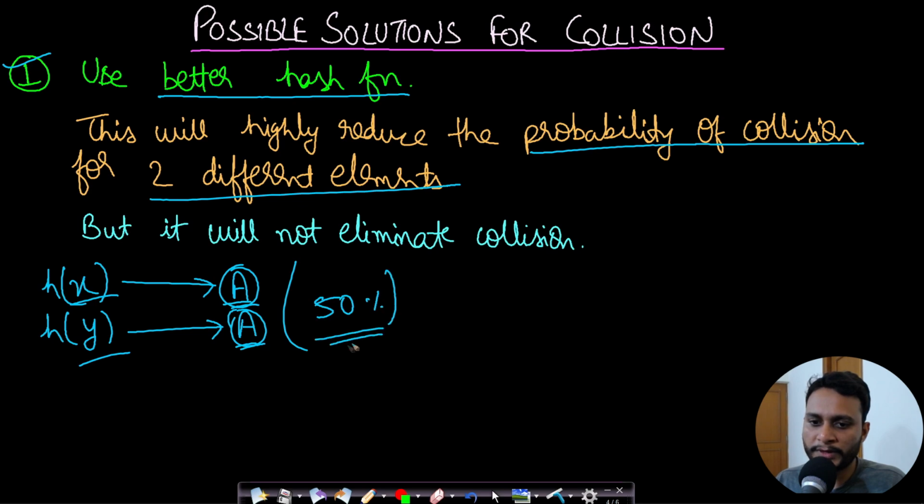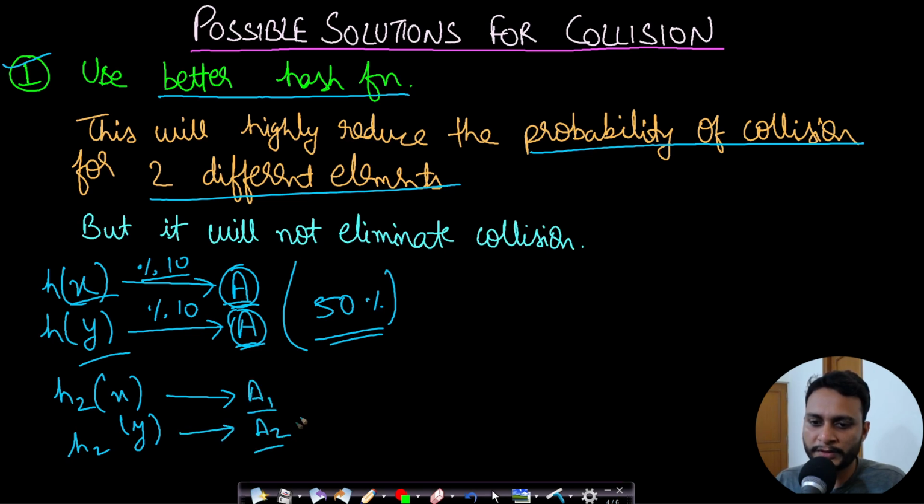Now when you changed your hash function, initially it was, let's say, mod 10, and now let's say you have taken a different hash function which is h2. So h2 can be anything other than mod 10, and it takes the same number x and the same number y, and it will give different outputs like a1 and a2.